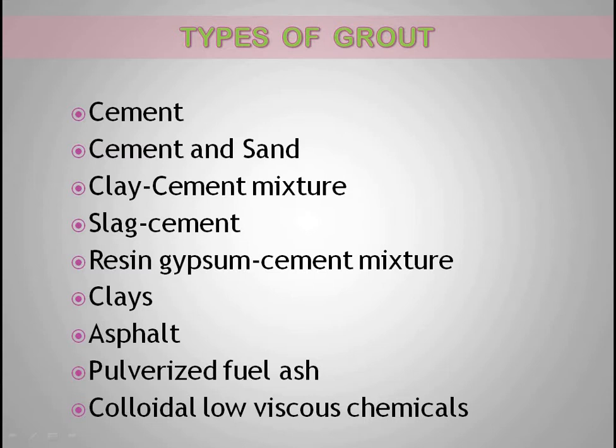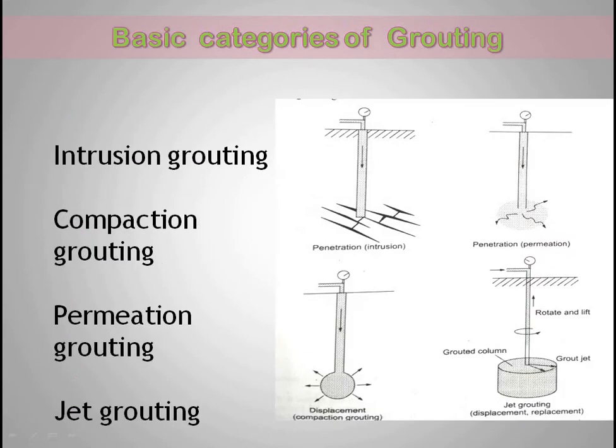So slag can be mixed with the cement, and slag cement grouts can be used as a grouting material. And the next material is some resin type, gypsum cement mixture can be used, or pure clays can also sometimes be employed as a grouting material. And we also have other materials like asphalt, pulverized fuel ash, and low viscous chemicals.